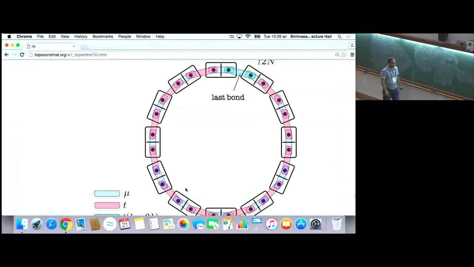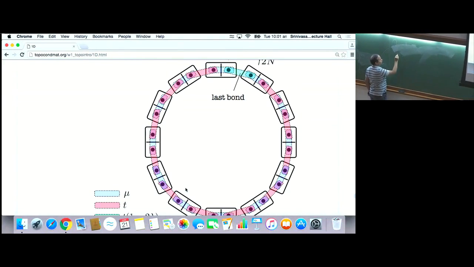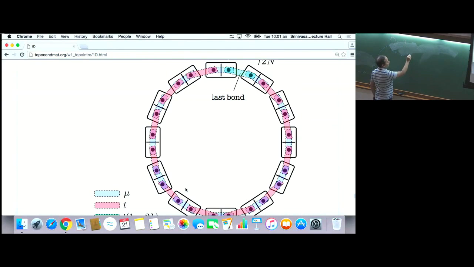Right? So now let's think about the interesting case, where Q is equal to -1. This means that fermion parity for periodic boundary conditions is negative of fermion parity for anti-periodic.